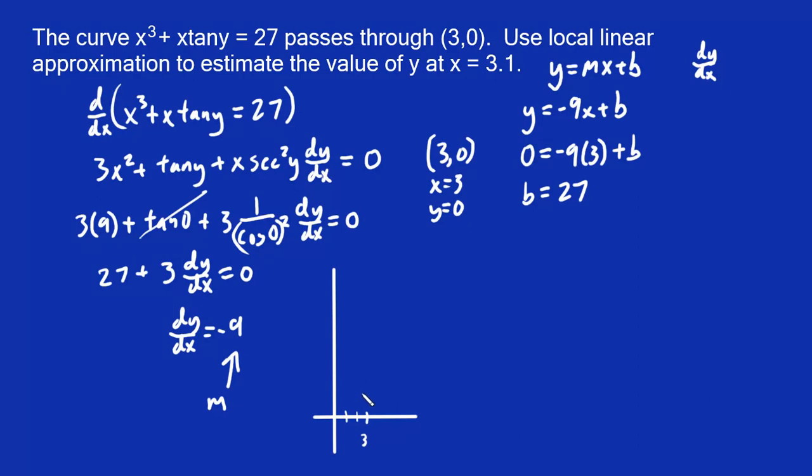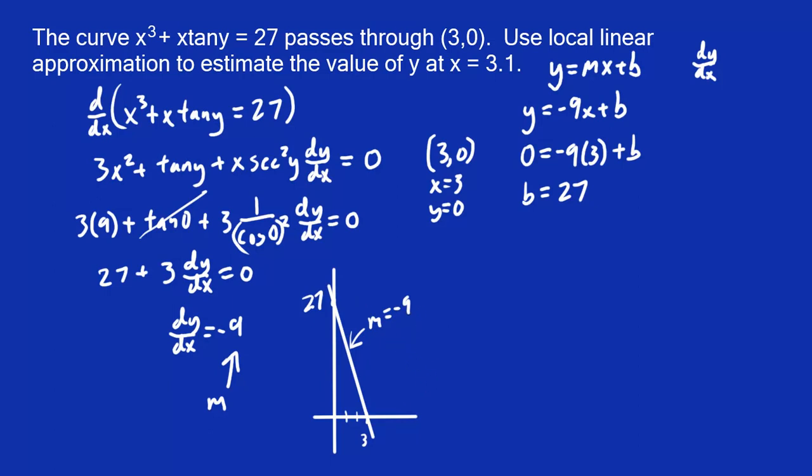It's pretty steep, so we're going to go all the way like this. This slope is equal to negative 9, and the y-intercept is 27, which we just calculated. It's pretty high up, but that makes sense based on this really steep negative slope.